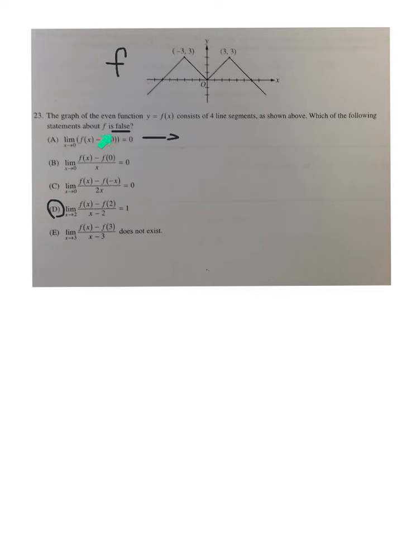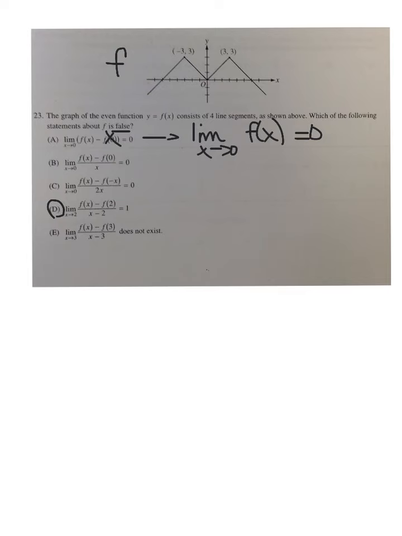So I replaced this with 0, which really means you have the limit as x approaches 0 of f of x equals 0, because I made this disappear since I know it's 0. Well, let's look at the picture. Is the function, as we approach 0 from the left and the right, going towards 0? And yes, it is. So that's true, so that can't be the answer.